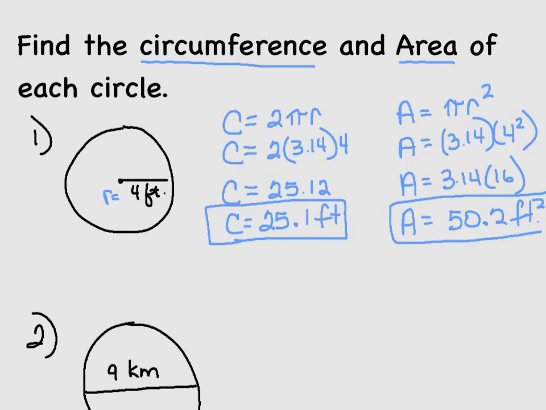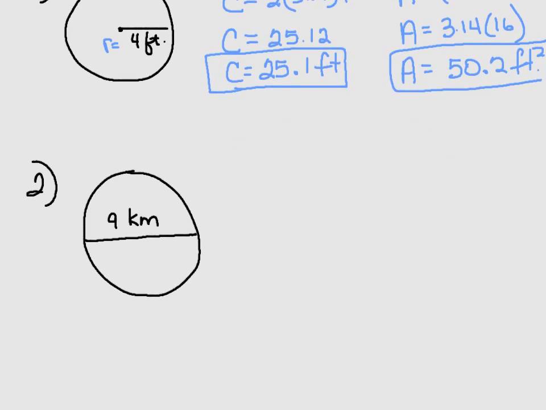All right, let's go on to number 2. Copy down the figure and let's label the information given. In number 2, did they give us the radius of this circle? No, they did not. They actually gave us the diameter of this circle.